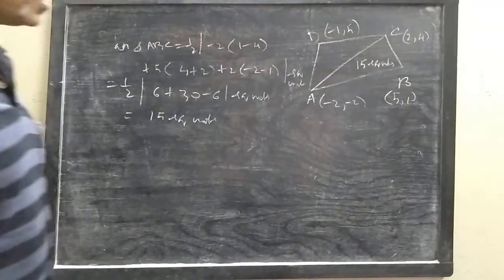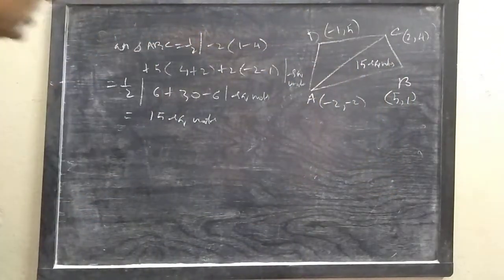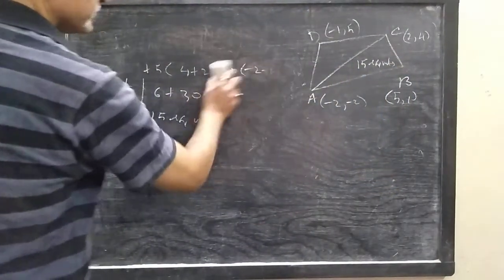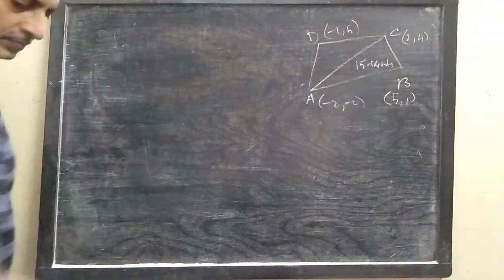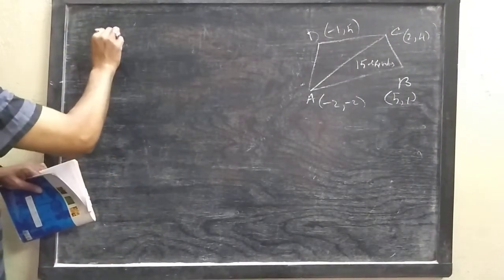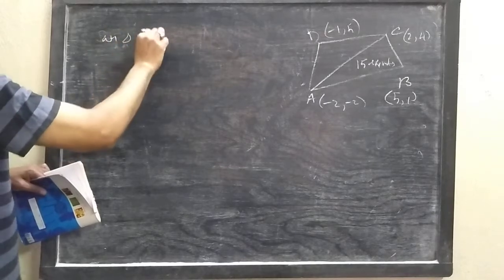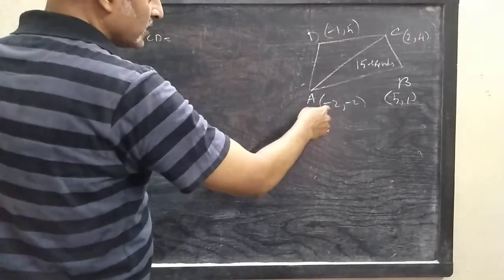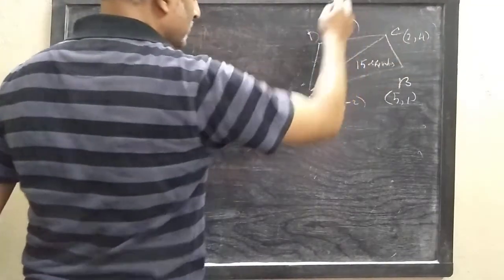Next we have to find the area of triangle ACD. Consider this x1 y1, this is x2 y2, this is x3 y3.